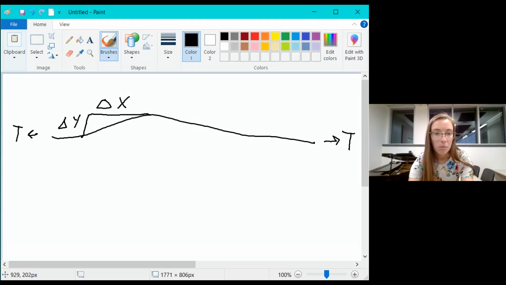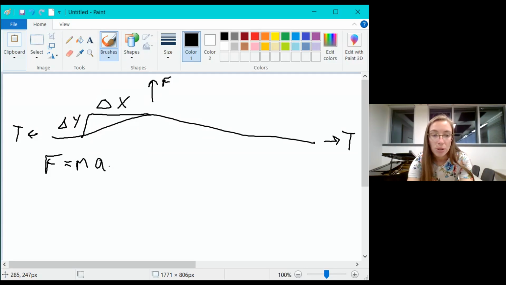Now, because the string is slightly curved, the tension on both sides does not cancel out perfectly, and that creates a net upward force. From Newton's second law, we can say that force equals mass times acceleration.